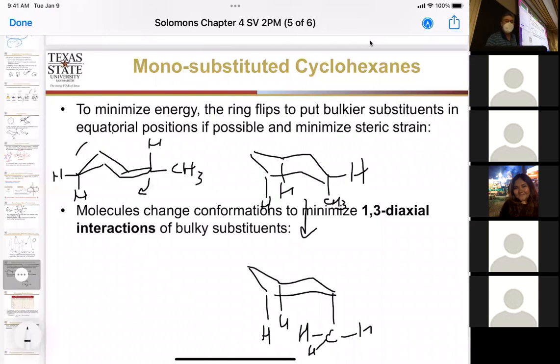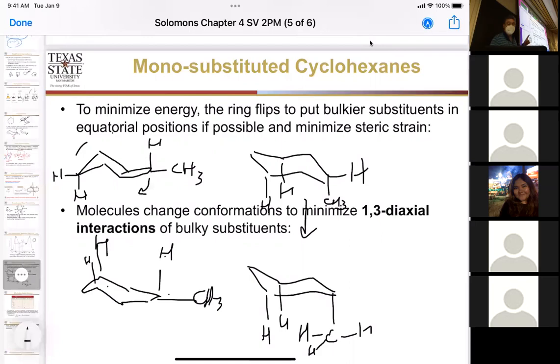Okay. So if I draw the same one, this one over here, we have hydrogen, hydrogen, hydrogen on our equatorial. So in the case of this one, our methyl group is equatorial and it is not near anything else.